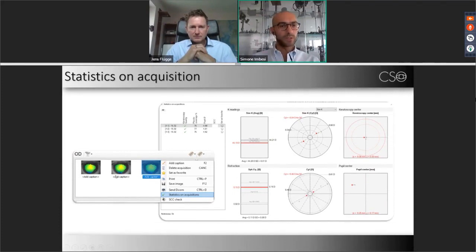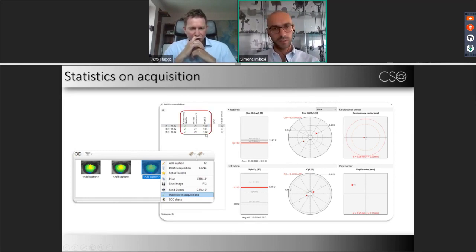Just going into the gallery over one acquisition and right-clicking, you can get access to the statistics on the acquisition. This is, in my opinion, a complete panel that gives you all the information that you need before opening an acquisition, to understand if the acquisition is good or not.